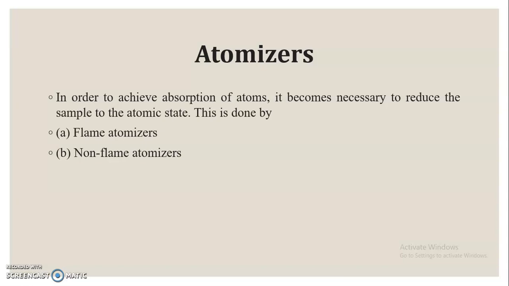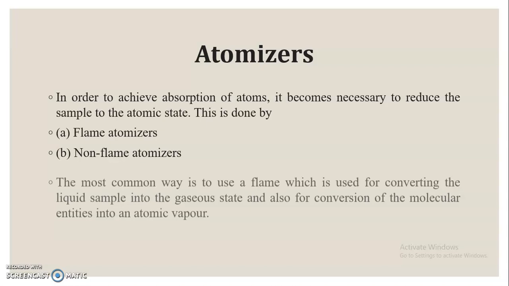Now, the role of the atomizer is the conversion of the solution of the sample into its atomic level. Means first the solution will be broken down into small droplets. These droplets are further converted into atoms, and these atoms will be vaporized in the flame.